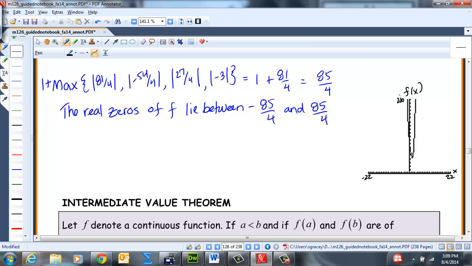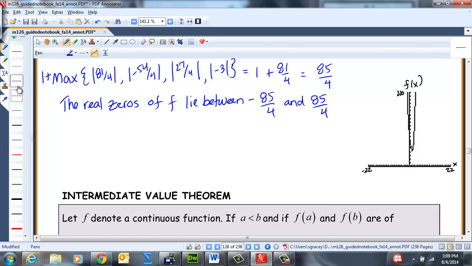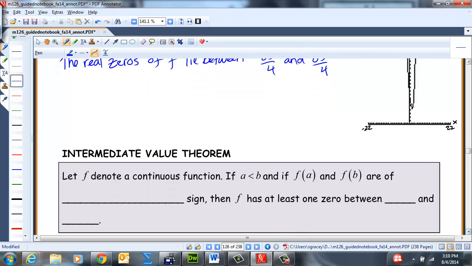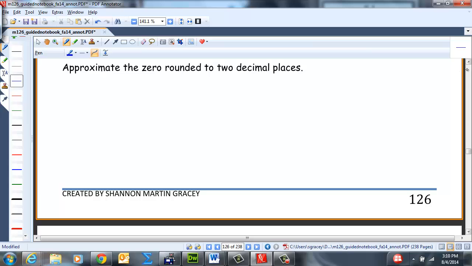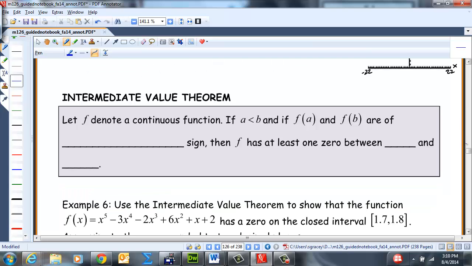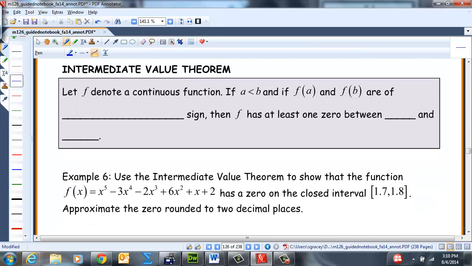Okay? All right. So now the intermediate value theorem. The intermediate value theorem can tell us if there's a real zero. This is kind of a precursor to learning the mean value theorem in calculus.